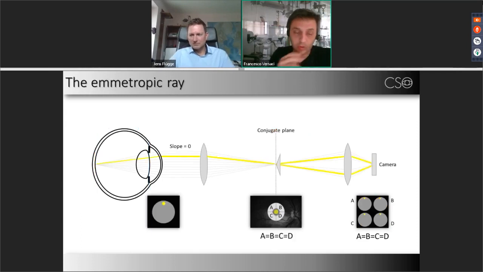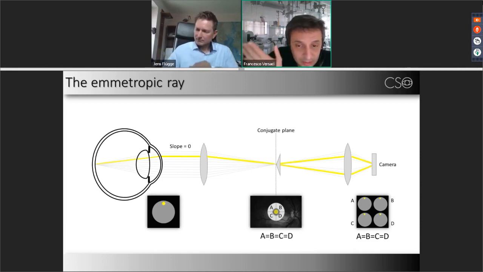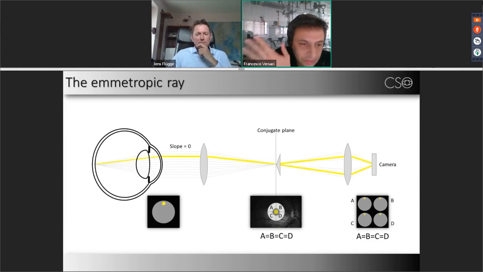To do this, we are going to analyze a single ray belonging to the bundle of rays of the wavefront, but this does not imply that we are losing generality, because we could apply the same approach to every single ray belonging to the bundle.